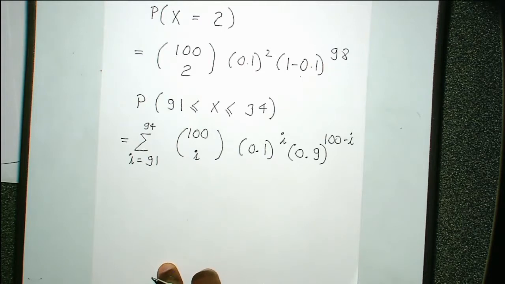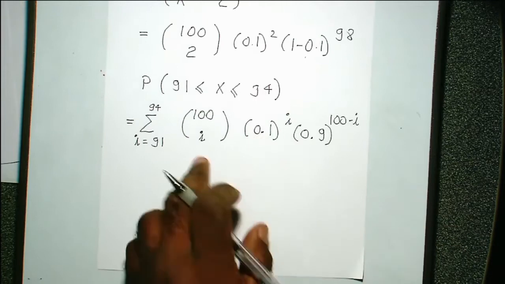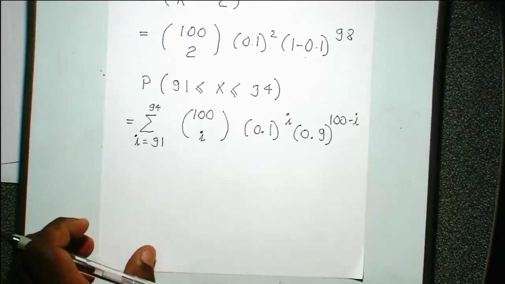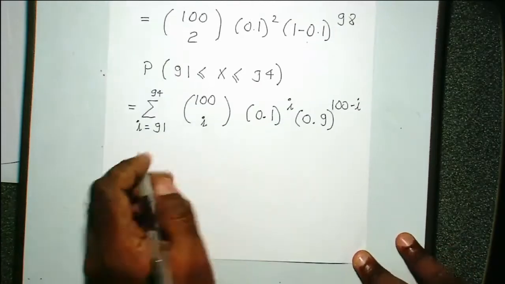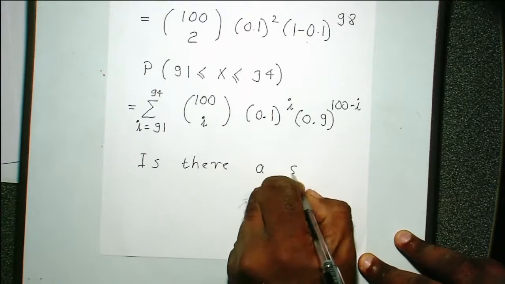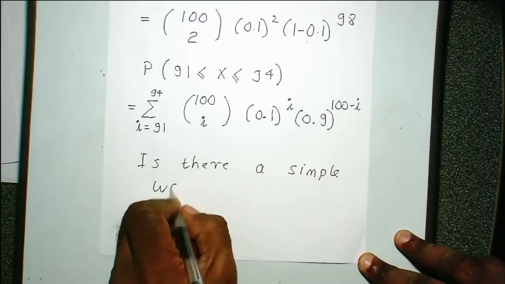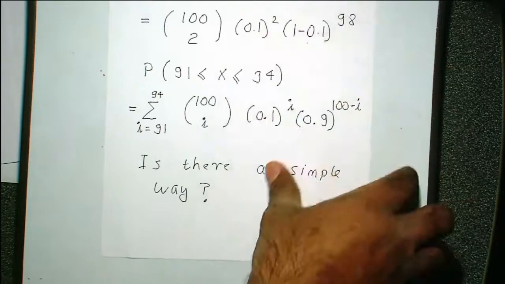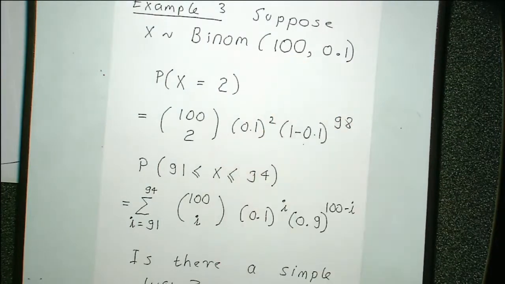So is there an alternative, a simpler way to compute binomial probabilities when you deal with big numbers like 100 or 1,000 or a million? That's what I'm going to talk about now.